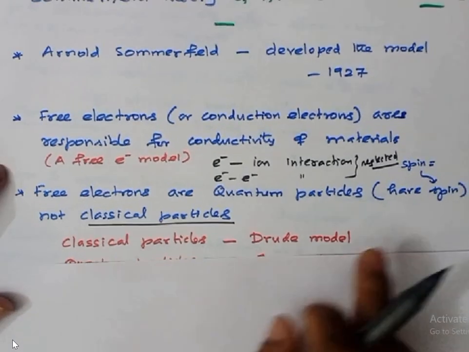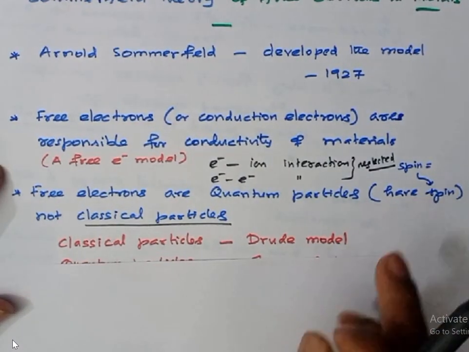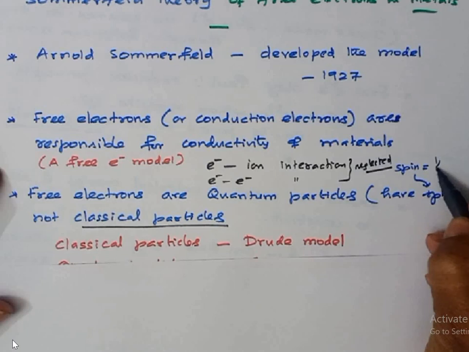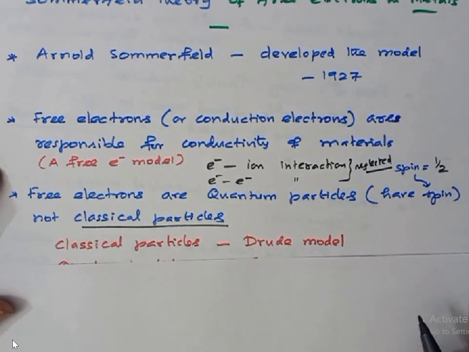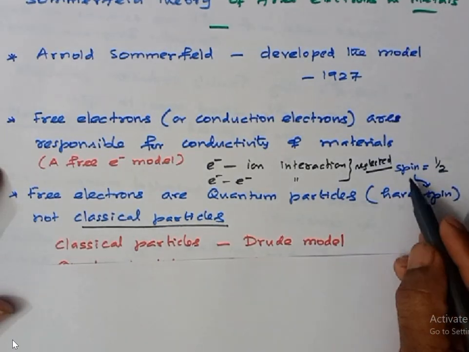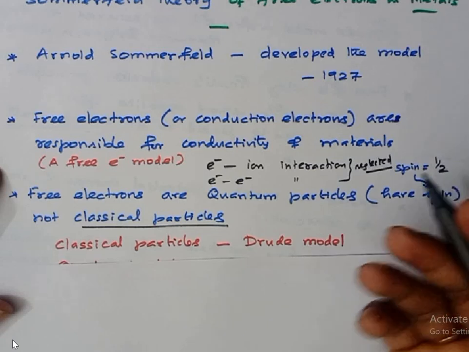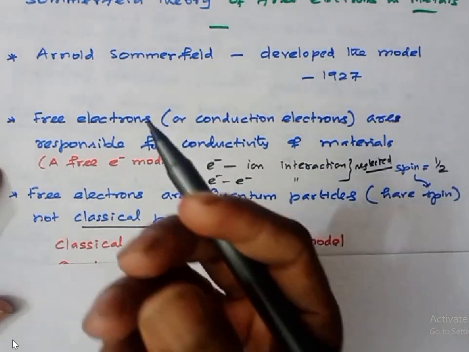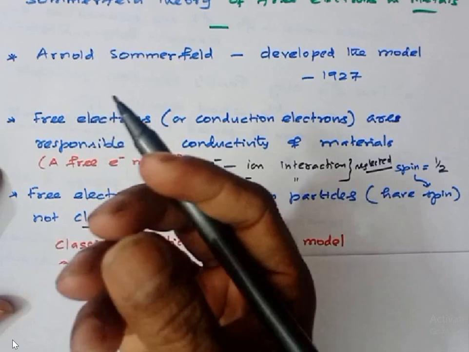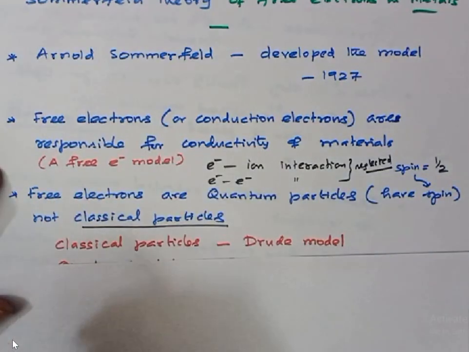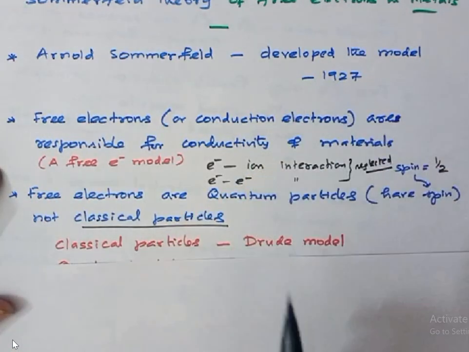Why? Because they have spin. Electrons have spin, and you know very well the spin quantum number for an electron is half. If any particle has a half-integer spin, we call those particles fermions.